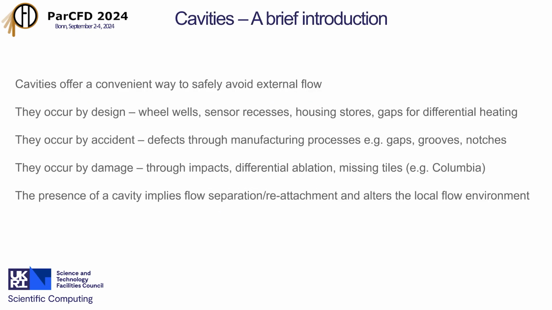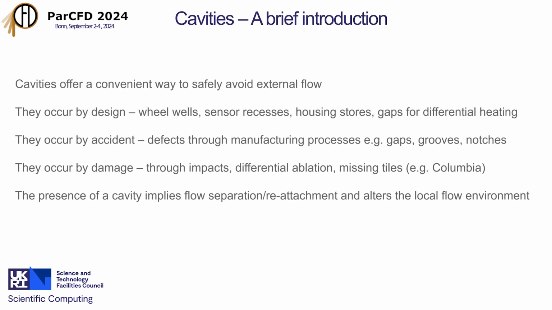So just a brief bit about cavities. They're a very convenient way of keeping the flow clean around an aircraft. Typical ones by design are things like wheel wells, where you can retract the landing gear. You can use them for sensors. The euphemistic term for weapons is housing stores inside a cavity. And you can have gaps in there. If you have differential heating, you might need to have a gap somewhere. They can also happen by accident, at high altitude you might get micrometeorite impacts.